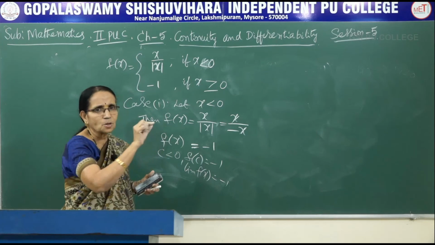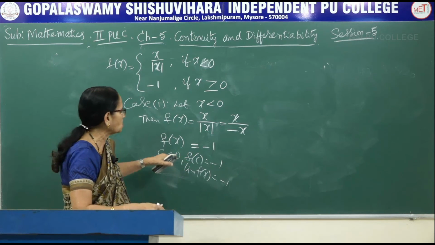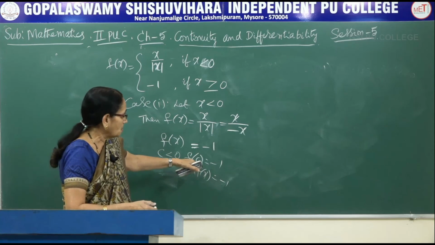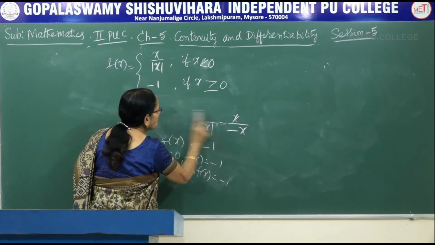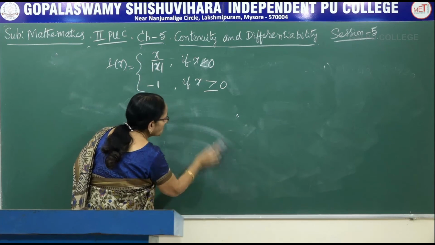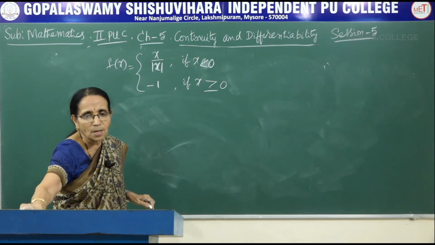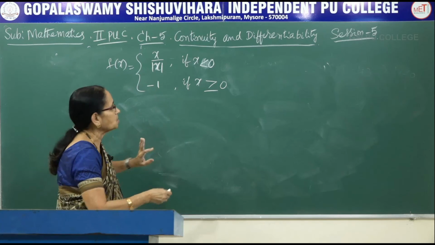Constant means it would be a straight line, isn't it? Therefore, there is no break in that. So, for all the negative values of x, the function becomes a continuous function. That is, there is no discontinuity at any particular point when x takes the negative values, it would be continuous.